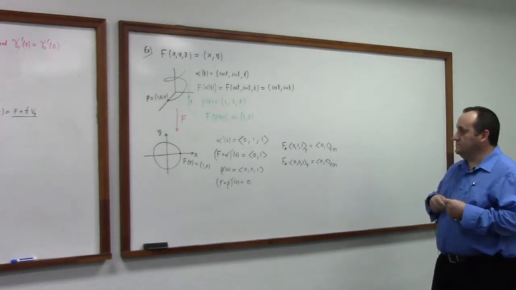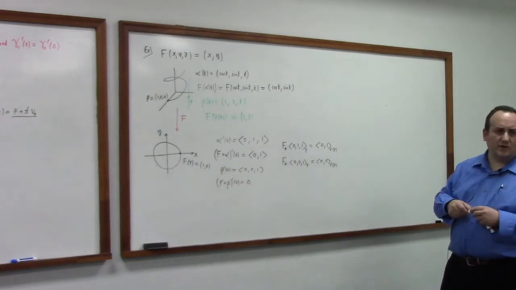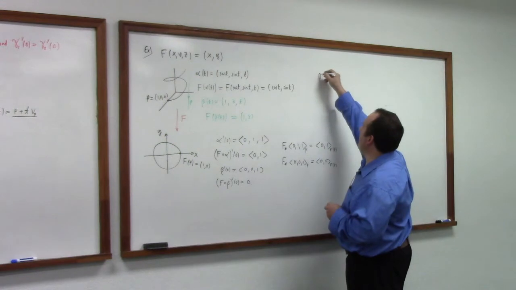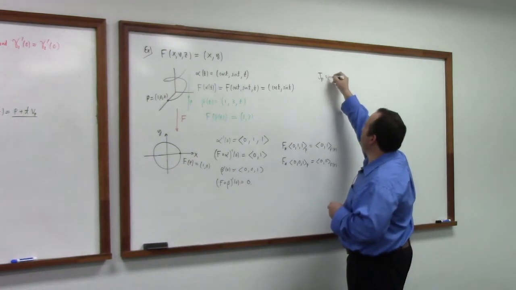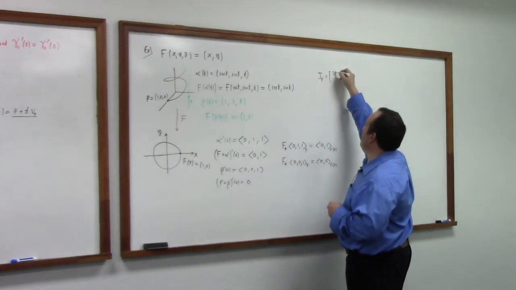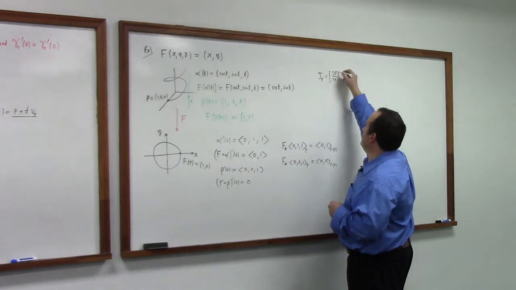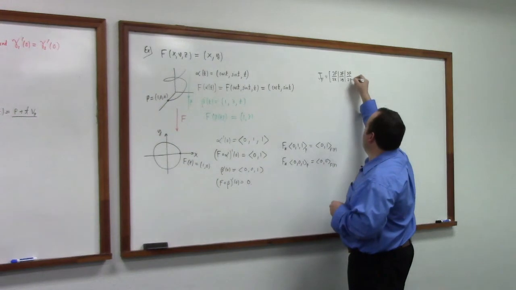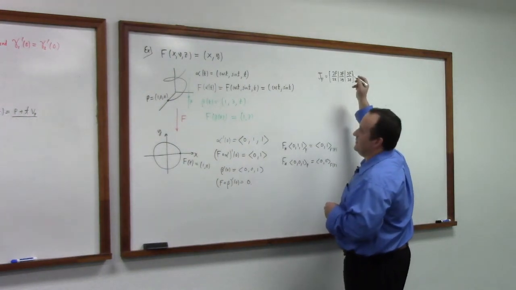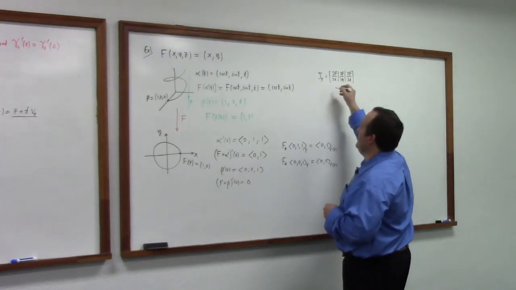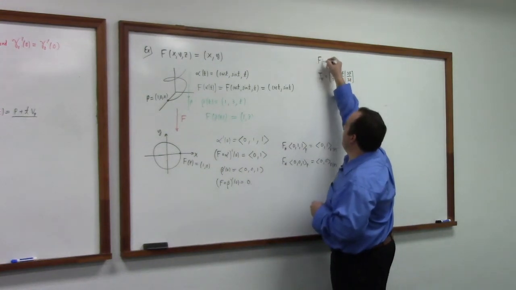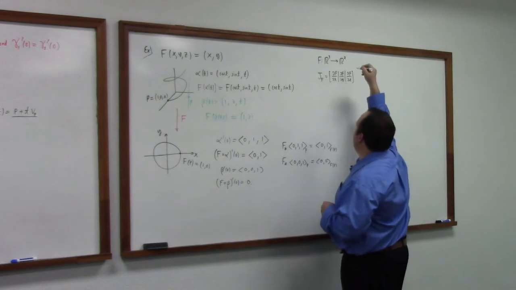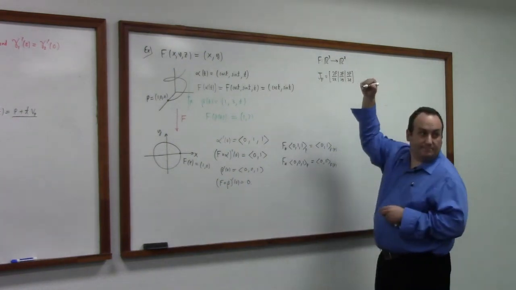Now, what's the Jacobian for this one? Remember we said partial f, partial x, partial f, partial y, partial f, partial z. And so f is a mapping from R3 to R2. So I told you that will make the Jacobian 2 by 3.